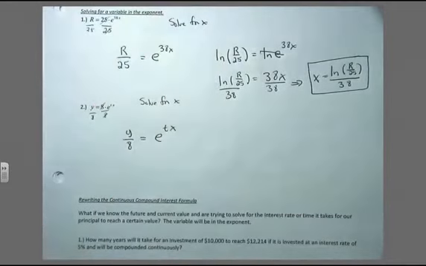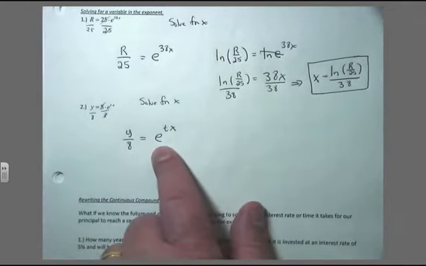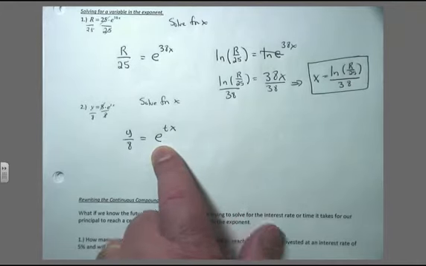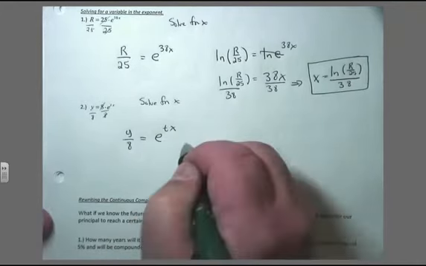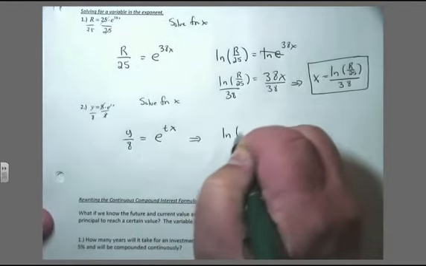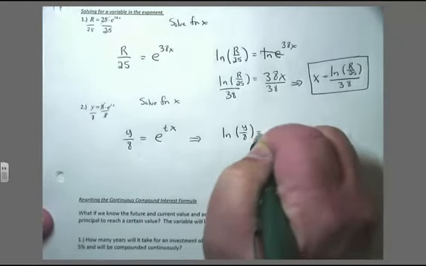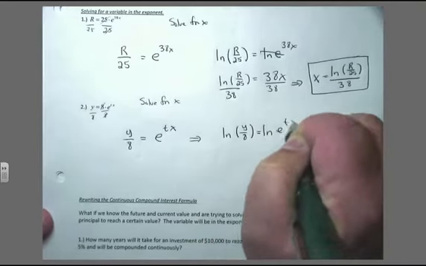We're solving for x in the exponent. Now the x is in the exponent of an e, so I need to kill off an e. What kills off e's? Natural log. So take the natural log of both sides. The natural log of y divided by 8 is equal to the natural log of e to the t times x.